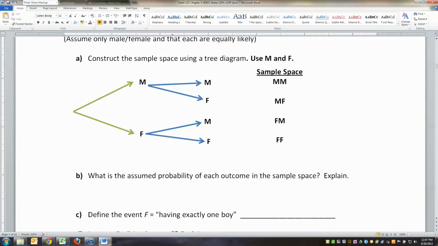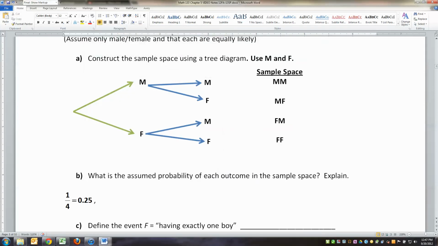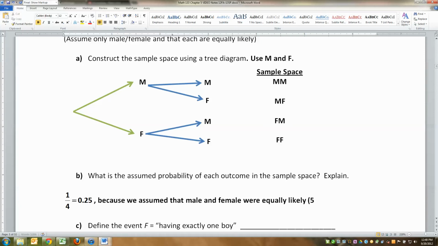All right. What is the assumed probability of each outcome? Well, that would be 1 out of 4, which is 0.25. Now, why do I say that? Well, because we assumed that male and female, if I could spell it, were equally likely, i.e. 50-50, right? 50-50 shot, 50% chance.